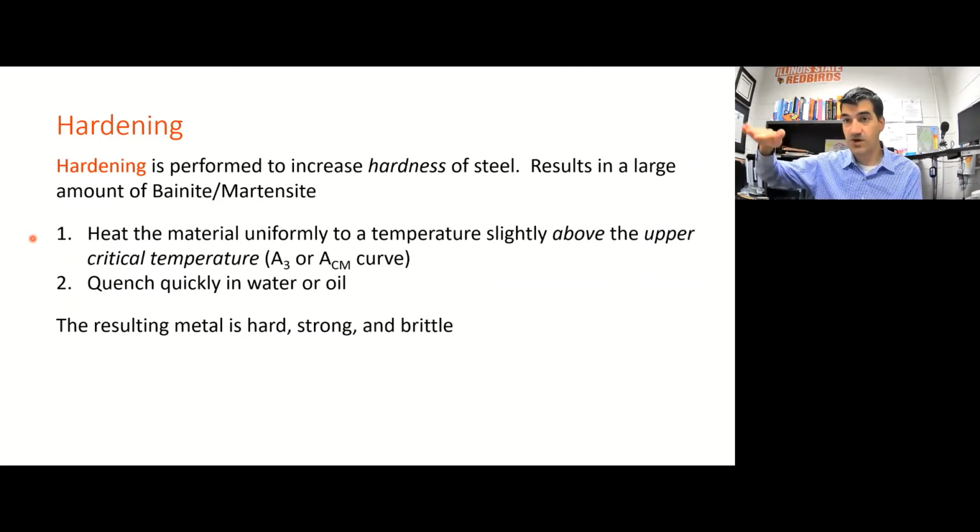And then you cool it down quickly in water, or in oil sometimes. As a result, it's like that TTT diagram, the curves with the really steep slope. You cool it down really quickly, and you're going to form a lot of martensite and bainite. And as a result, your part is going to be very hard. It's also going to be strong. It's also going to be brittle.